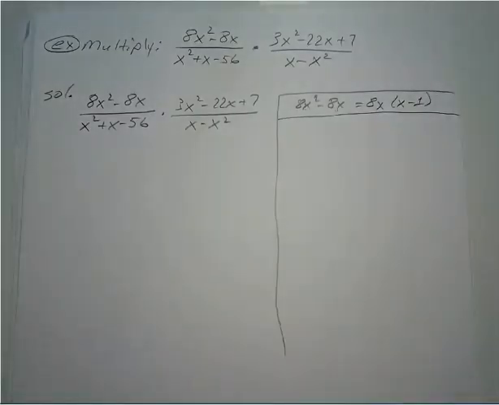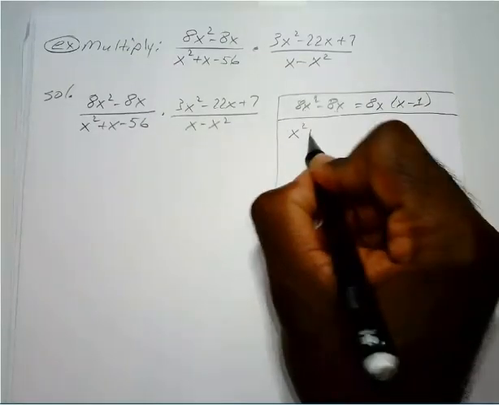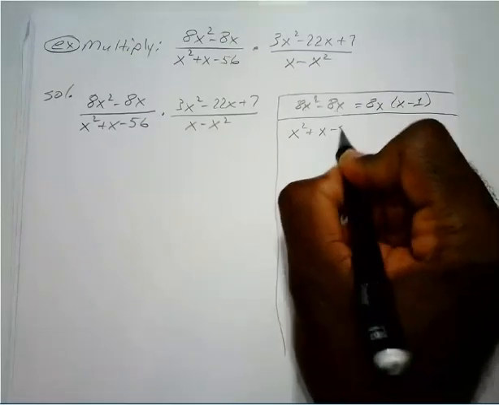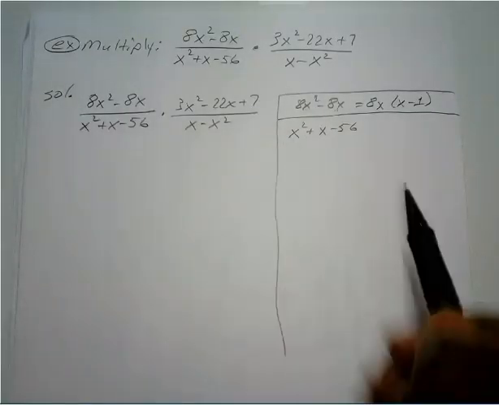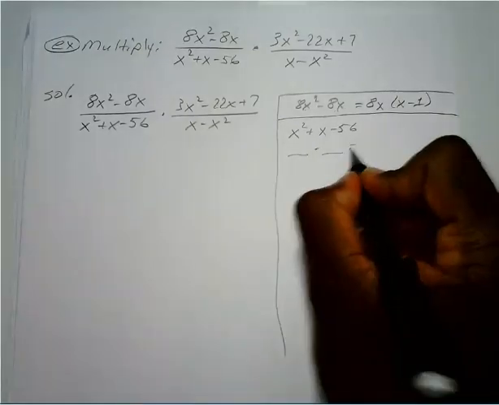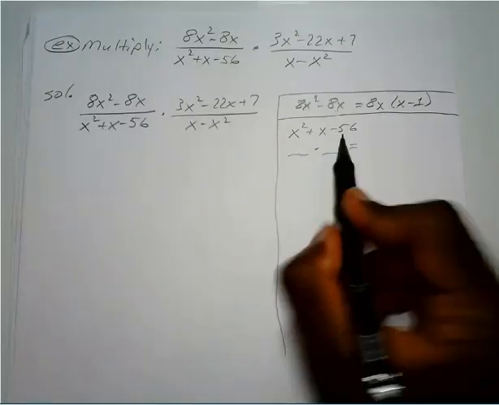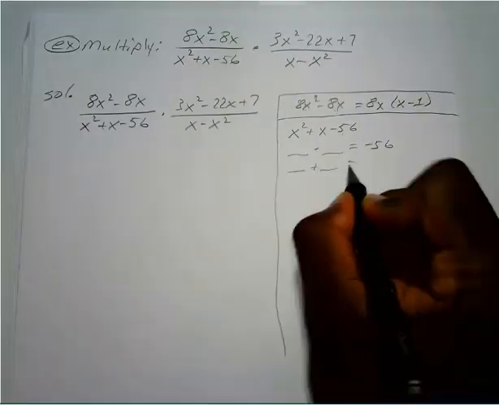Okay, so you have x squared plus x minus 56. You don't have anything in front of the x squared value, so you just go right to finding two numbers that multiply to equal your c, which is negative 56, and two numbers that add to equal your b, which is 1.